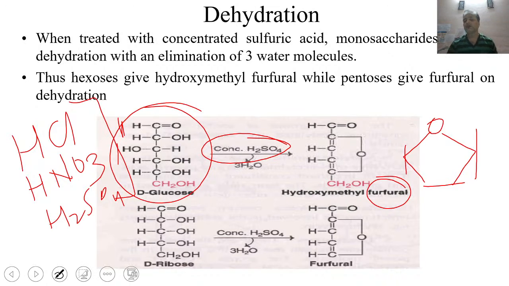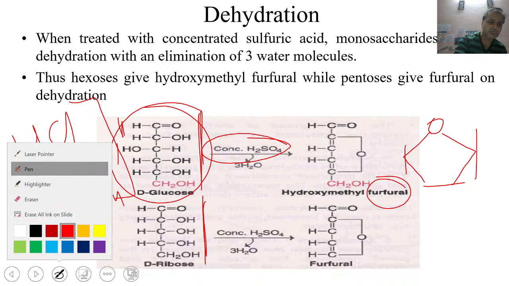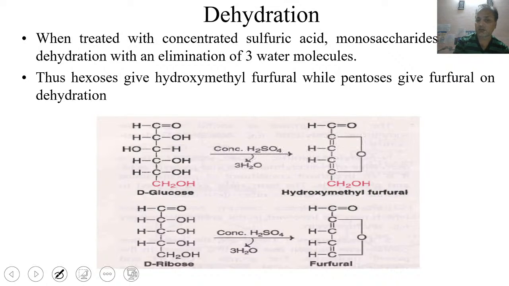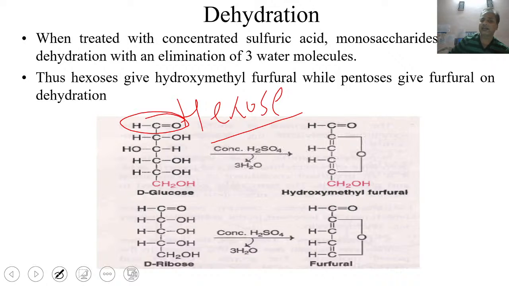What is furfural? Either a 5 carbon sugar or a 6 carbon sugar, both give furfural derivatives. A 5 carbon sugar also leads to furfural, and a 6 carbon sugar also leads to furfural. The only difference is in the case of a 6 carbon sugar, any hexose going for dehydration, a ring structure will form.